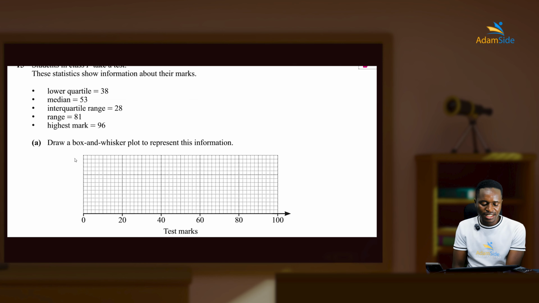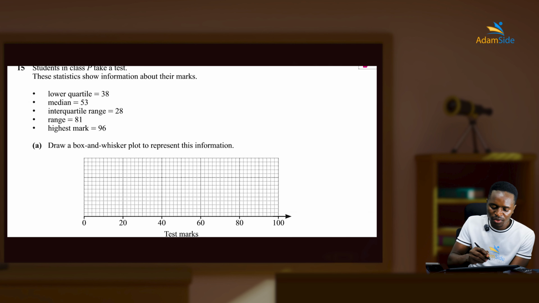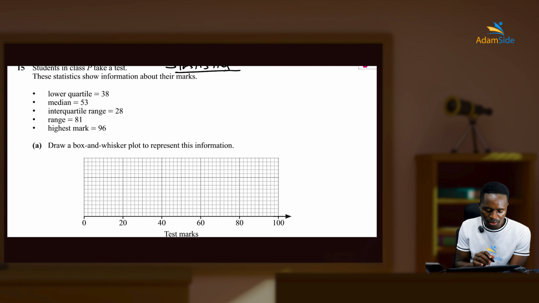Next, students in class P take a test. These statistics show information. This is the unit of statistics, and it's also highly tested. Statistics and probability always come as one unit. Here we're talking about interquartile range, which is also highly tested in exams.